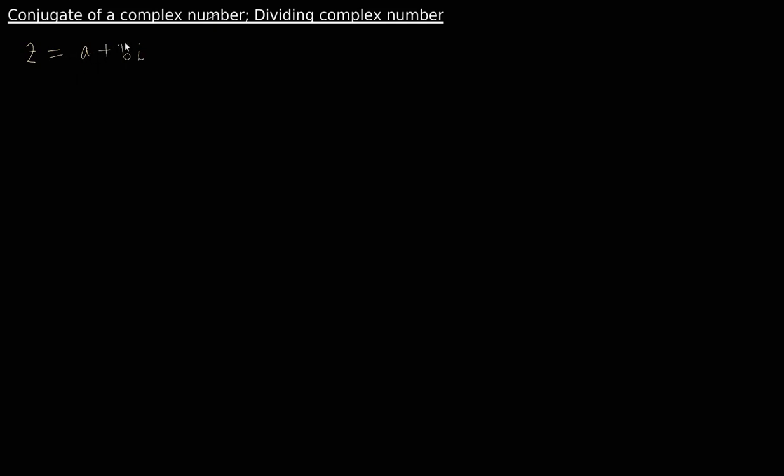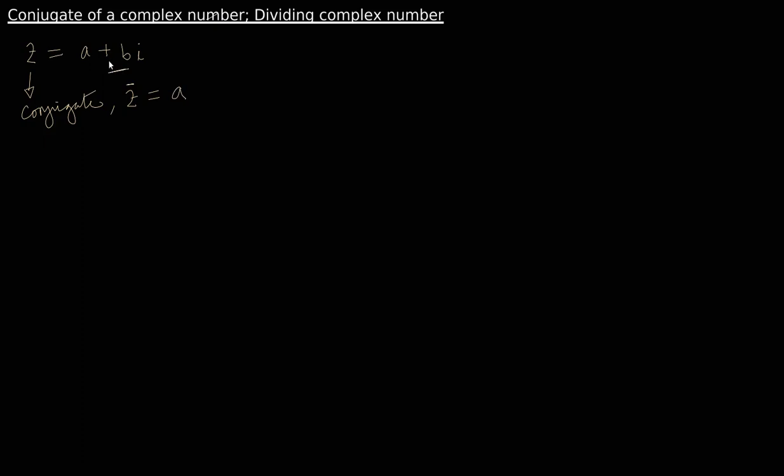Now if I want to find the conjugate of z, it is represented by the symbol z bar. It is going to be: keep a as it is and change the sign of the complex portion.